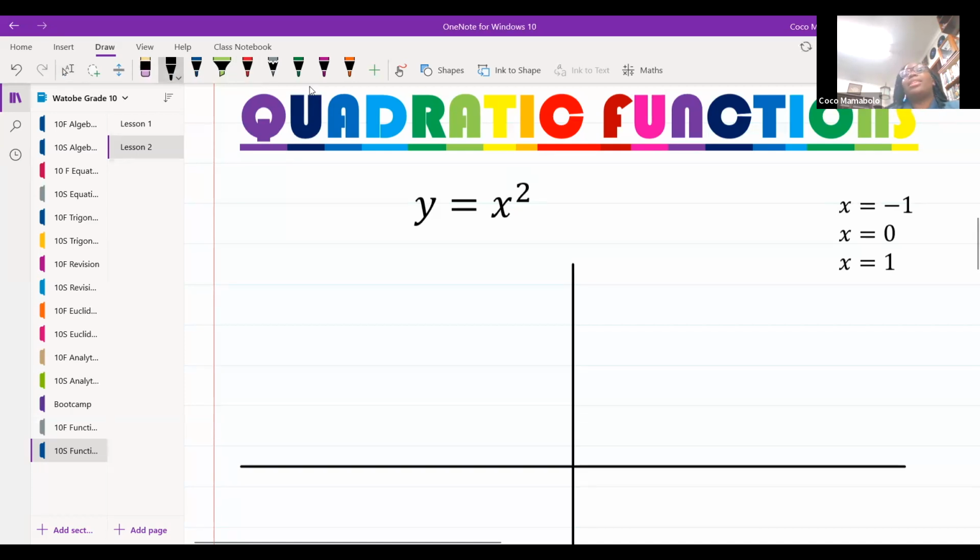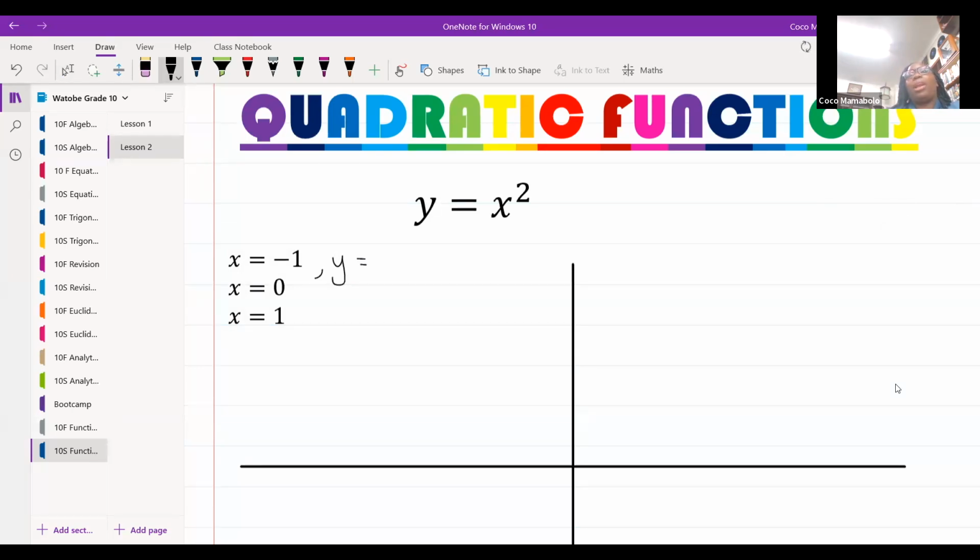So we're going to take these three values, and if you're ever having trouble drawing our graph, we're going to use these 3 points: x is equal to -1, x is equal to 0, and x is equal to 1. So we're going to substitute into our formula. I want to ask you guys, if x is equal to -1, what is y going to equal?